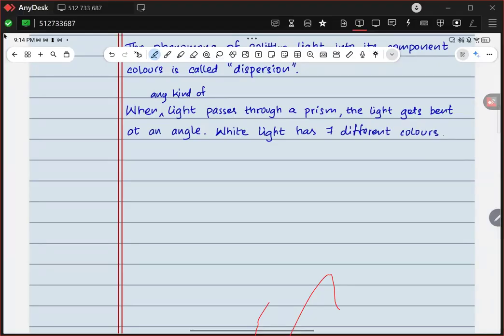Right? So each of these colors has a different bending angle.